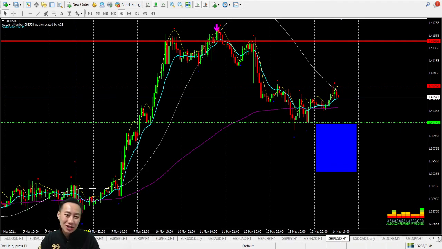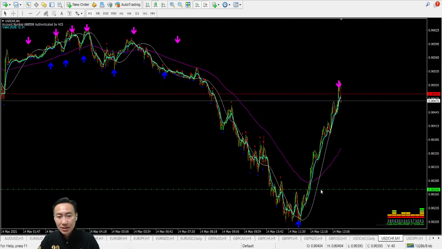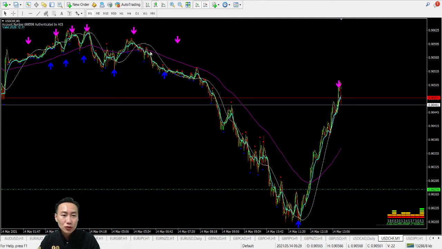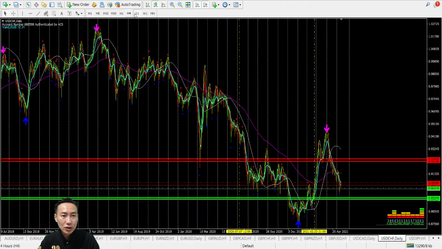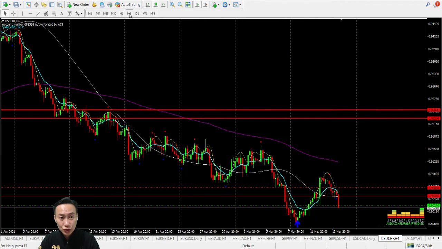Dollar cad. Yes, dollar cad, we are entering the bull. Entering the bull zone, it may go either way, so skip. Pound franc, good. After the good shot, it has retraced back. Now let's see what's going on with this. Short bear, good.